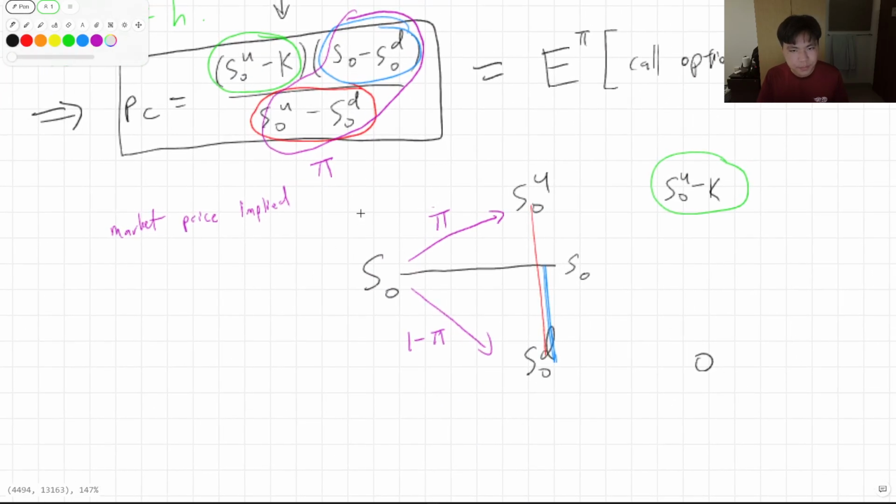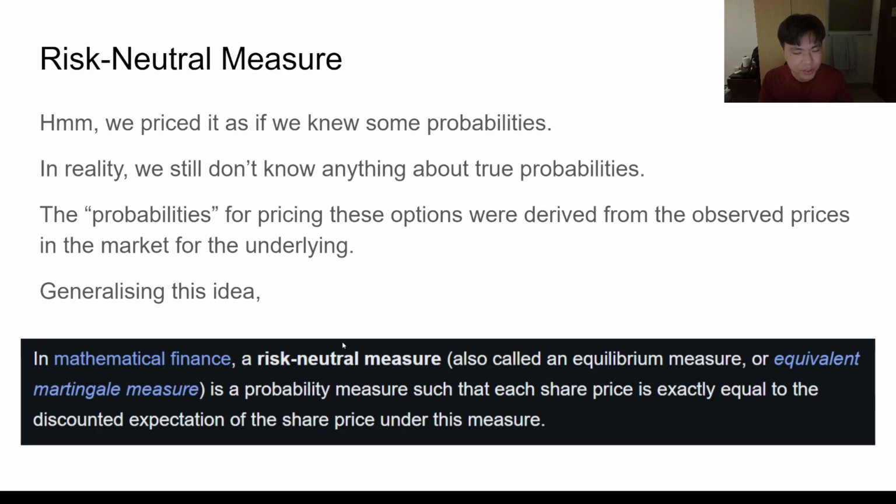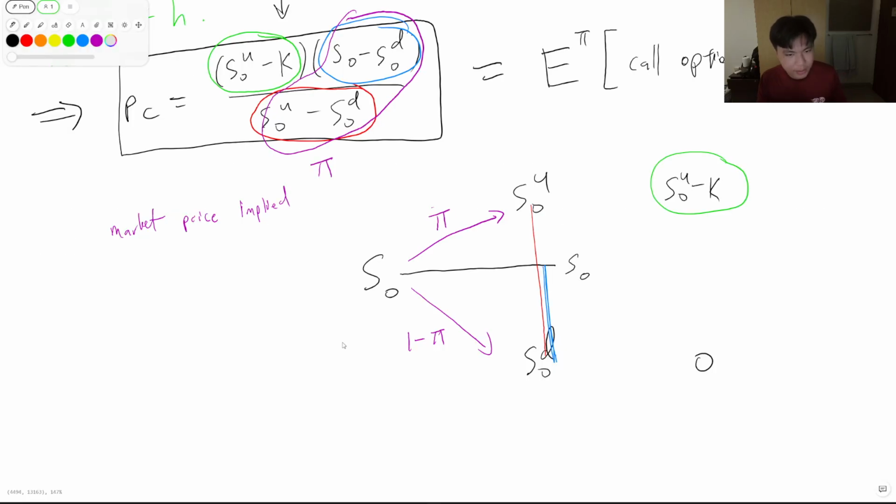So that's the risk neutral probability. And this risk neutral probability is derived not from first principles or anything, but from the observed market prices for the underlying, the S naught that we're seeing, the single point price that we see trading in the market. And so generalizing this idea, when people talk about risk neutral measure, they say expectation under the risk neutral measure.